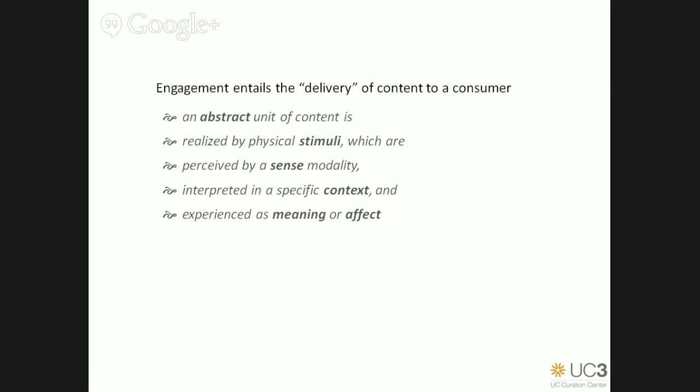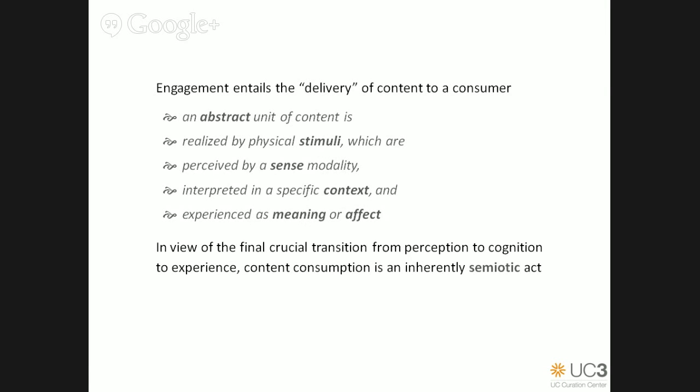An abstract unit of content is realized by a set of physical stimuli, which are perceived by a human sense modality, interpreted in a specific context, and ultimately experienced as cognitive meaning or psychological affect. In view of that final crucial transition from perception to cognition, I am going to argue very strongly that content consumption is an inherently semiotic act.